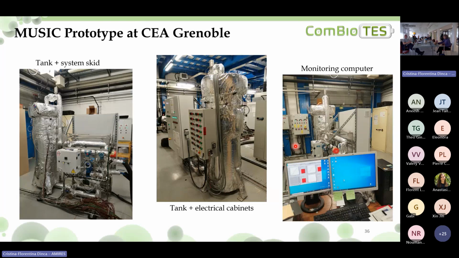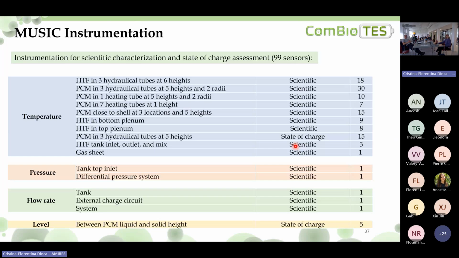So here you already saw this kind of pictures. Regarding the instrumentation, at CEA Grenoble, the instrumentation was quite important because we wanted to be able to characterize in details the behavior of the system.